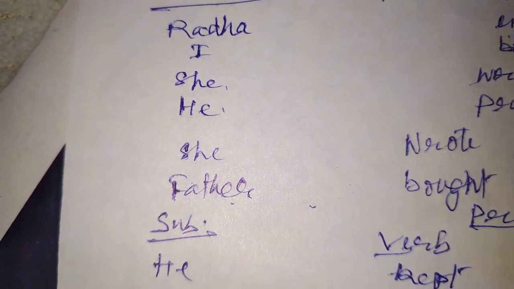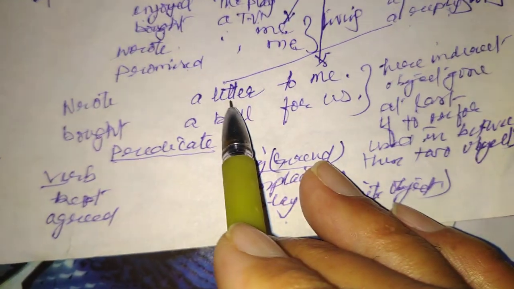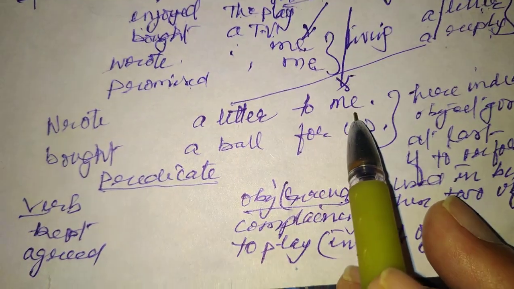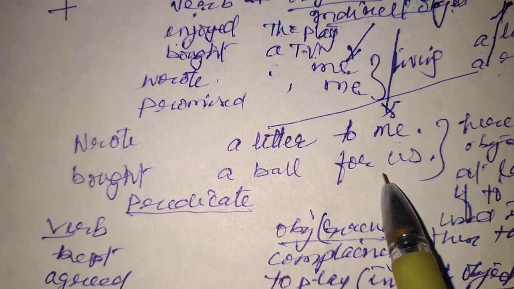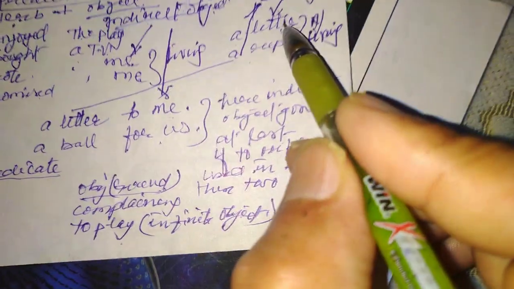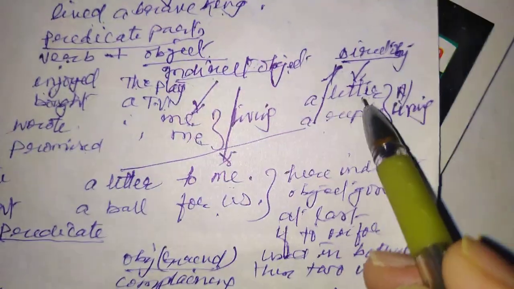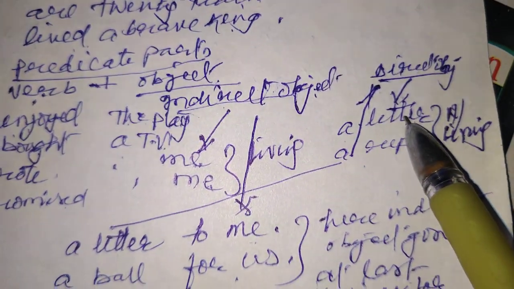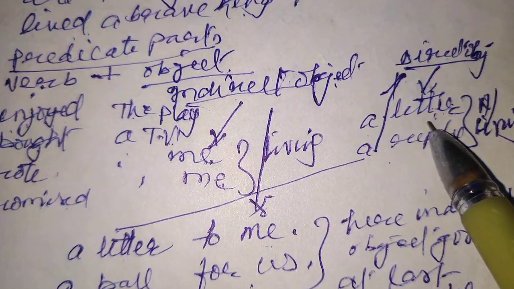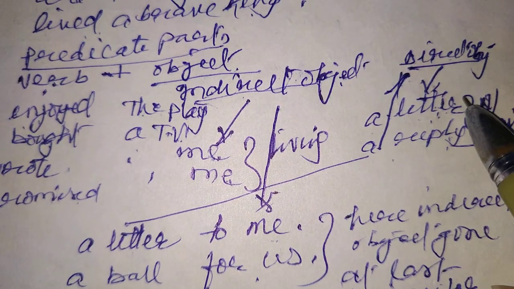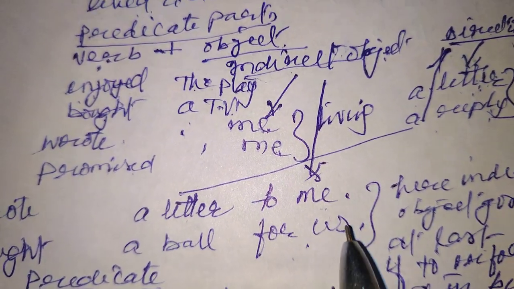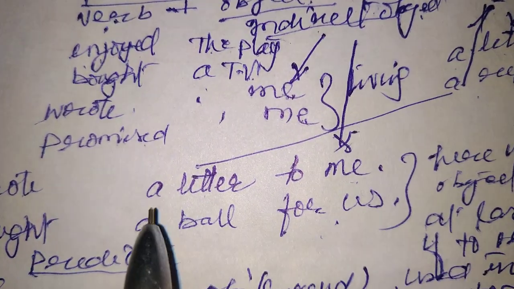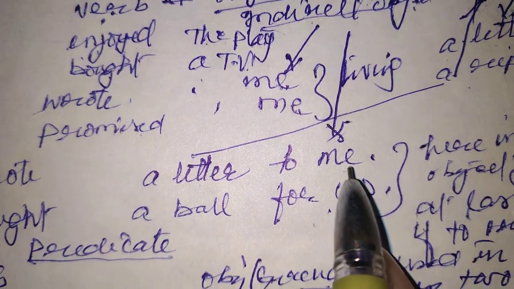Let us see some more examples. She wrote a letter to me. In the previous examples, we have seen that the non-living object was at last, but here the living object has gone at last. She wrote a letter to me.